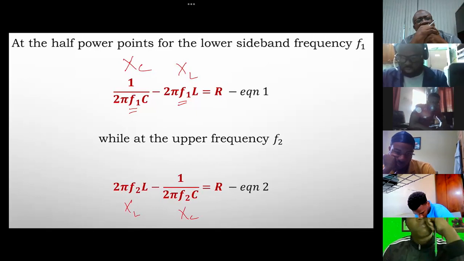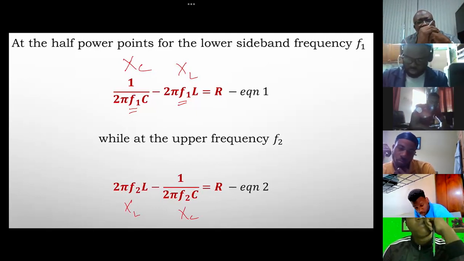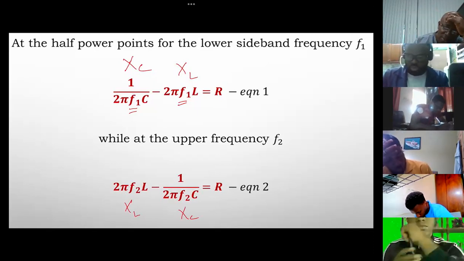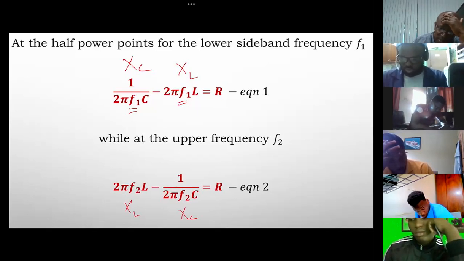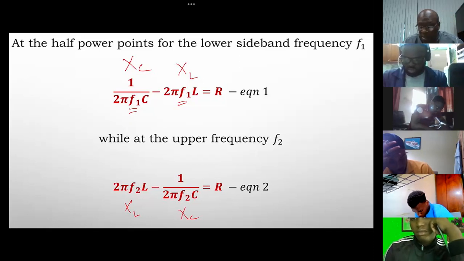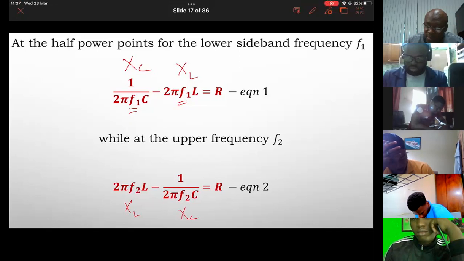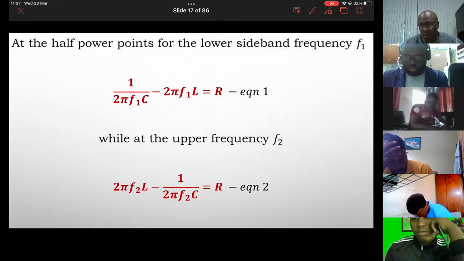Between 0 and FR, the capacitive reactance is larger. And that's all we're writing here. So at F1, capacitive minus inductive is equal to R. At F2, inductive minus capacitive is equal to R. Nothing fancy.